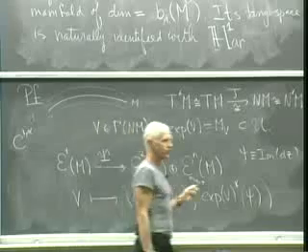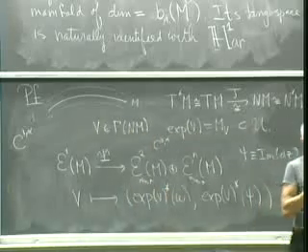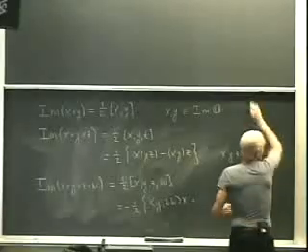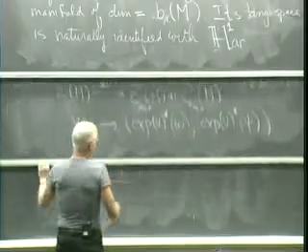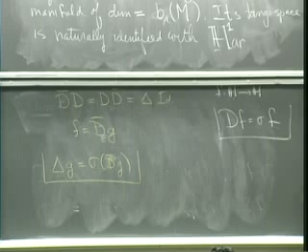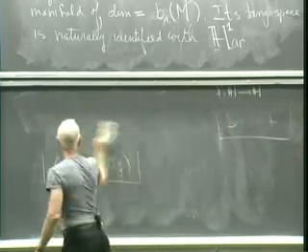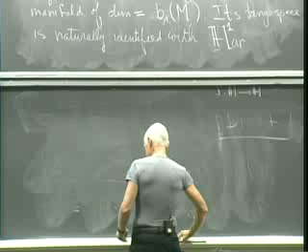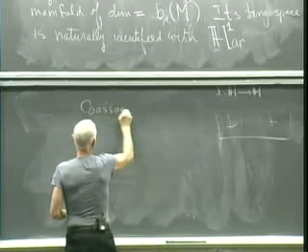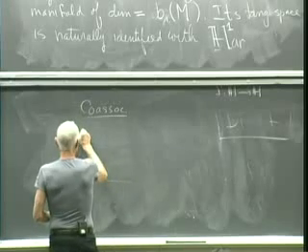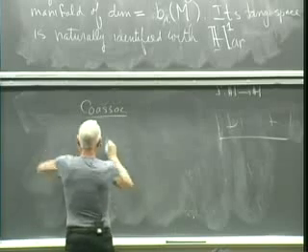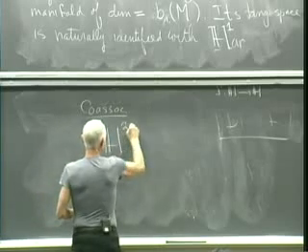It also works in the co-associative case. In the co-associative case, the tangent space is the space of harmonic 2 forms.